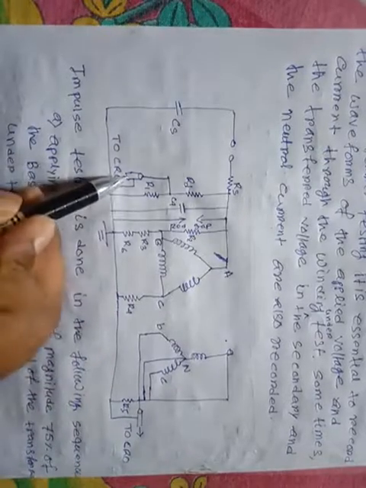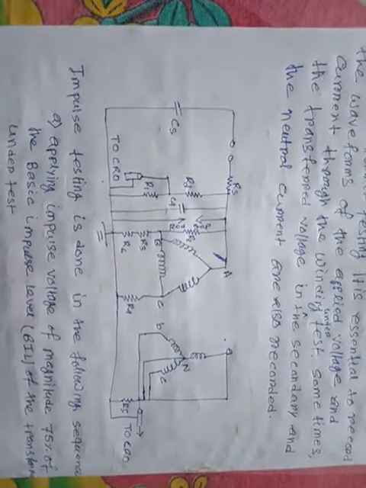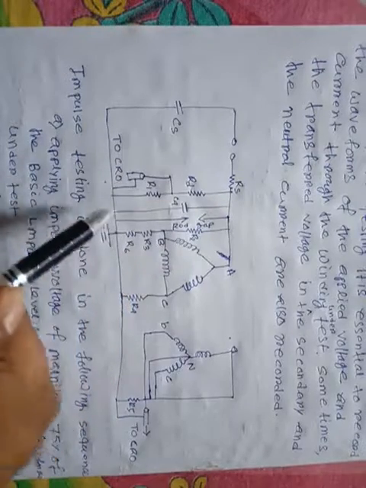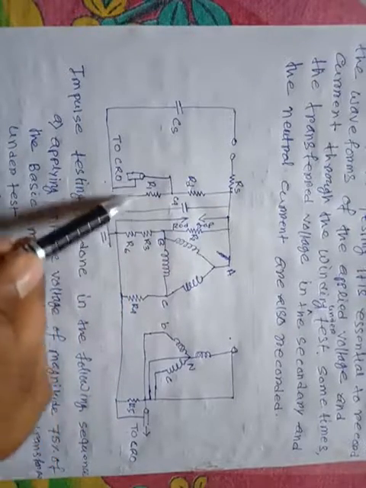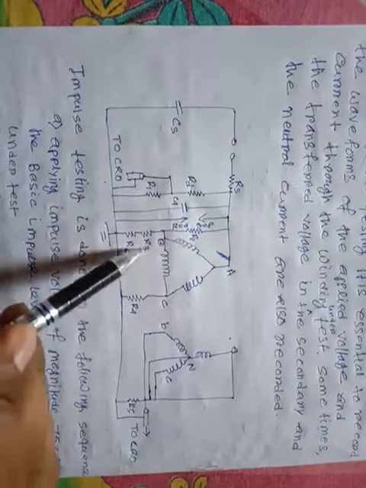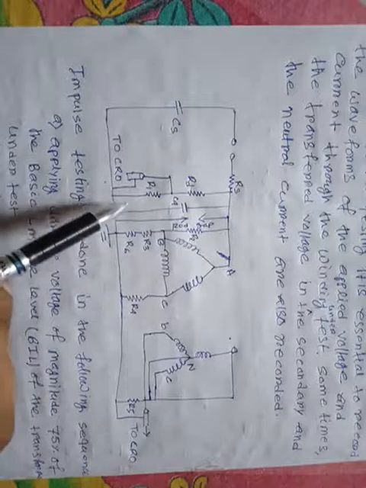And this connection is provided to the CRO. And there are the resistance and source capacitor. A number of resistances are connected in the arrangement: R1, R2, R3, R4, R5, and R6.